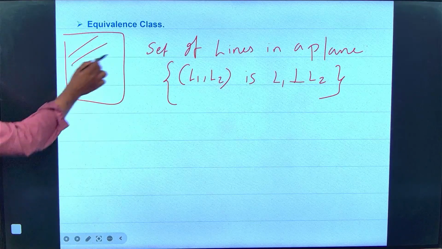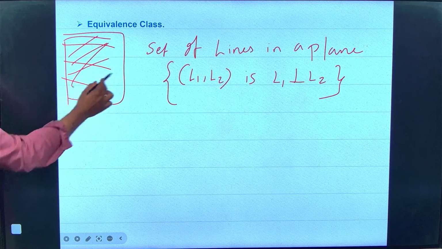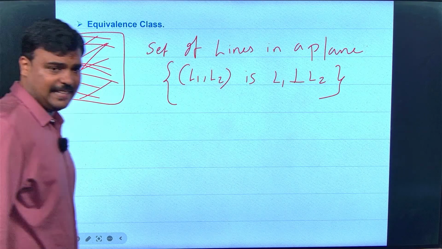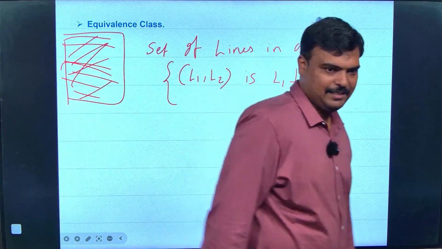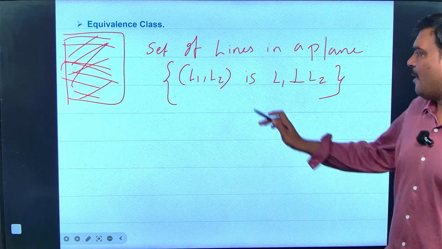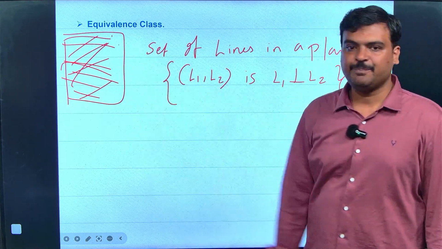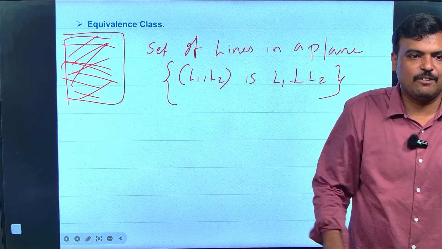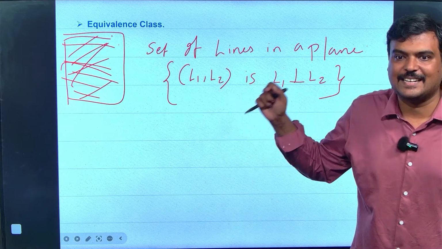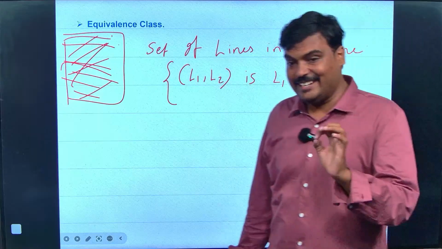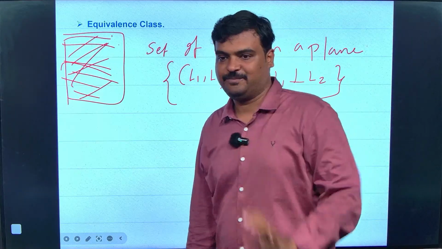I'm having a lot of lines here like this. I hope you know a plane is nothing but infinite lines. Now I am going to take randomly two lines. If both the lines are perpendicular, then it will be selected as a relation.